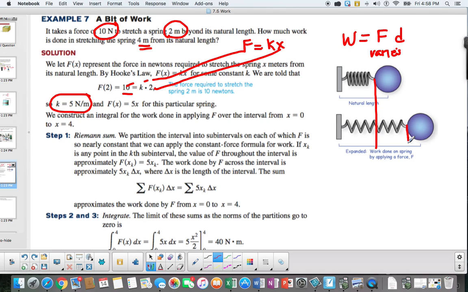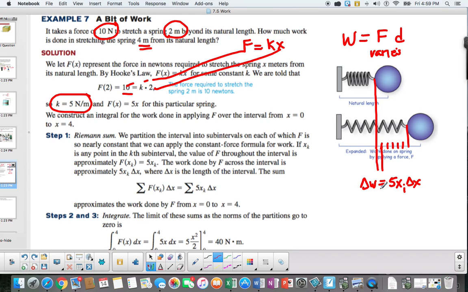Let's take a look at this. This is how much work we're going to apply to go from the natural length to this stretch length, and we're going to divide this into a number of intervals. I'm going to take this interval right here. The smaller the interval, the more constant the force seems. So a little piece of work here will be a little force, which is 5x sub 1, times the distance, delta x.